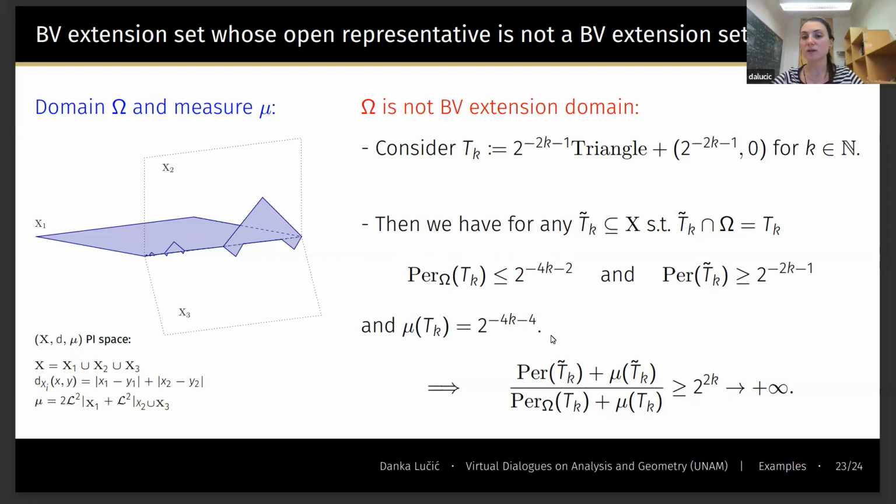So if we compute this ratio, the ratio is going to be greater or equal to 2 to the power 2k, which blows up as k goes to infinity. So we cannot find a constant in order to satisfy the property of being an extension set for the sets of finite perimeter. So this is the thing.